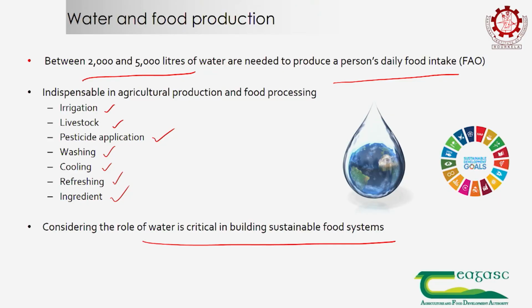So we have to find a new source of water, either taking it from the ocean by desalination and those processes, or try to restrict the usage of water in food processing operations, or to valorize the wastewater or processed water which is coming out of the food processing stream. You'll see two words used interchangeably, processed water and wastewater.